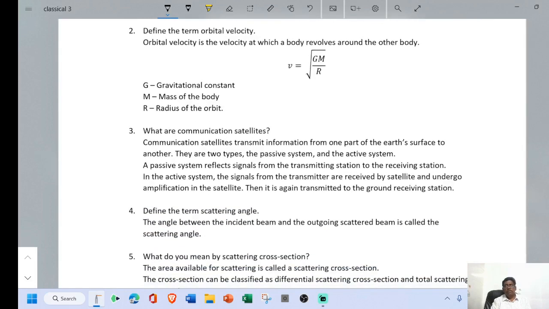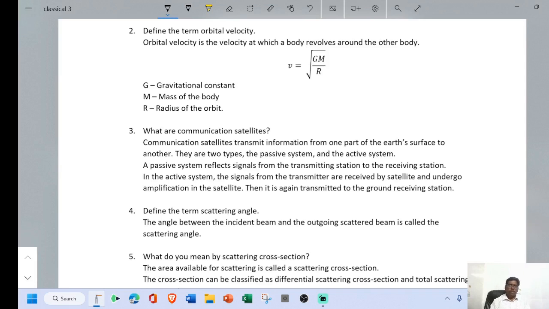Third question is: what are communication satellites? Communication satellites transmit information from one part of the Earth's surface to another. There are two types, the passive system and the active system.